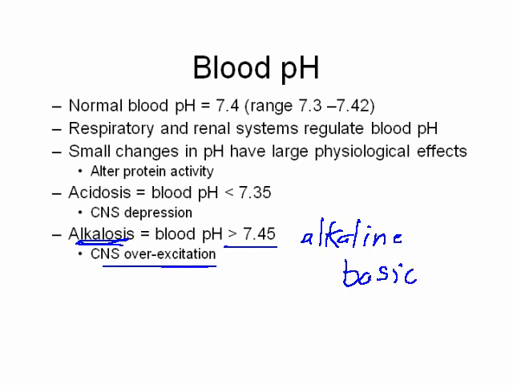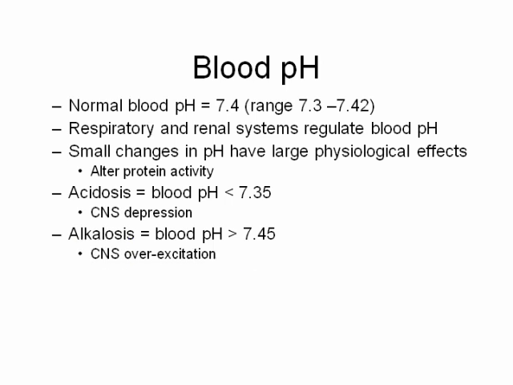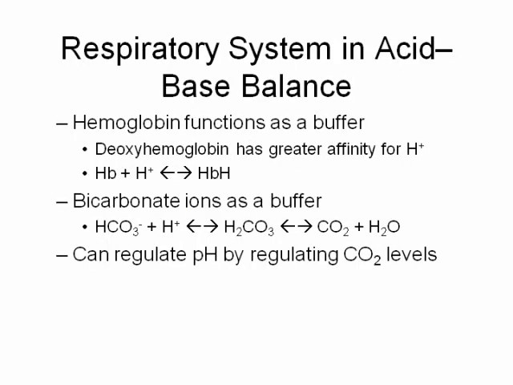And this can cause CNS overexcitation, and I'm sorry, I misspoke before. This would be agitation. In this case, CNS depression. A person might become an extremely severe problem, could become comatose. But before that, of course, they could become lethargic, sleepy, that sort of thing, fairly unresponsive to stimulation.